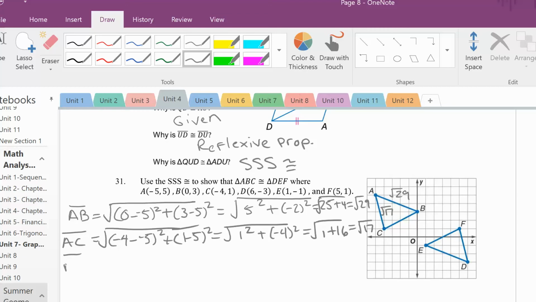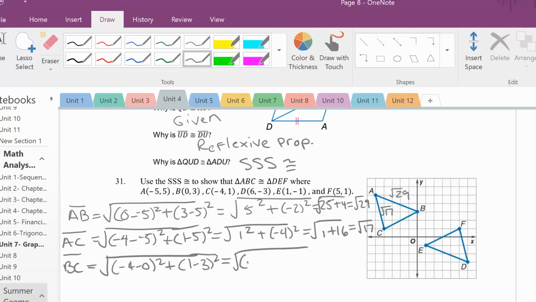And then BC. So we'll just do x2 minus x1. So we'll go negative 4 minus 0 and 1 minus 3 squared.